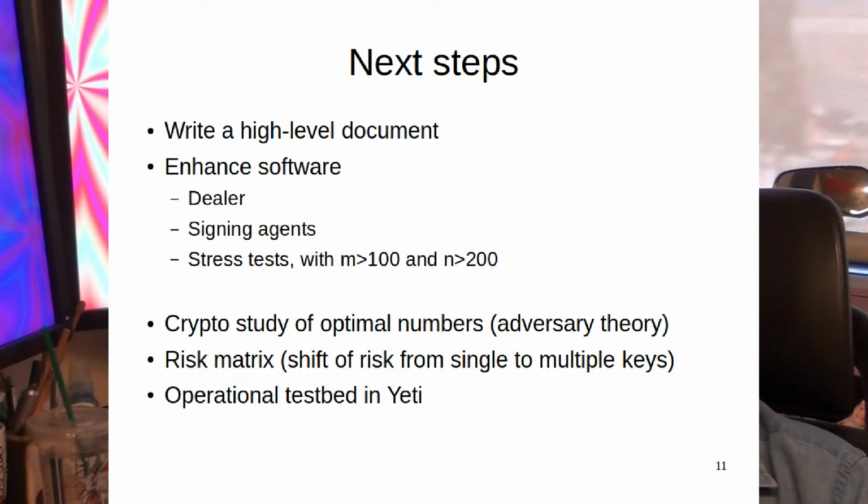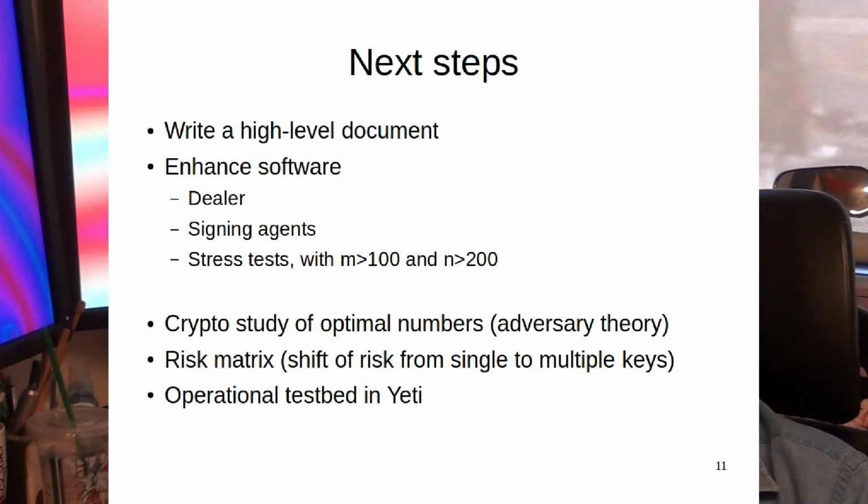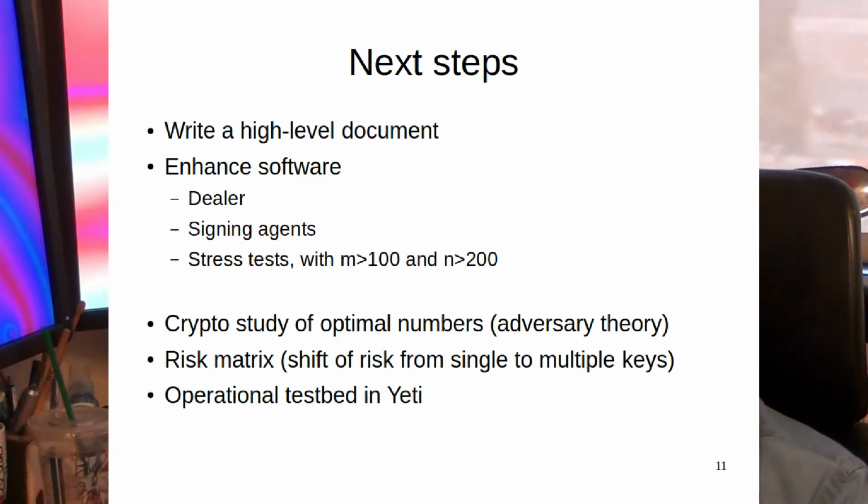At this point, we're also working on a cryptography study from the math side to study the optimal numbers of n and m, knowing that these numbers are critical from a policy point of view. Also, we want to create a risk matrix showing the shift of risk from a single key to multiple subkeys. And of course, prepare and carry out several testbeds with Yeti.